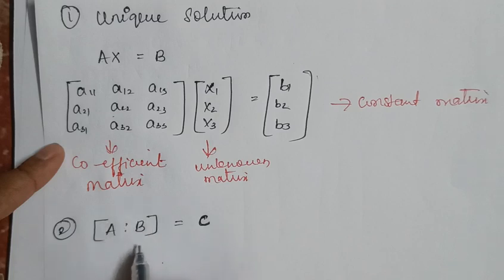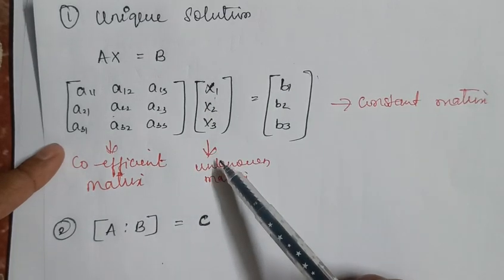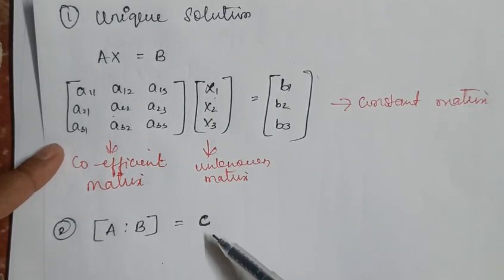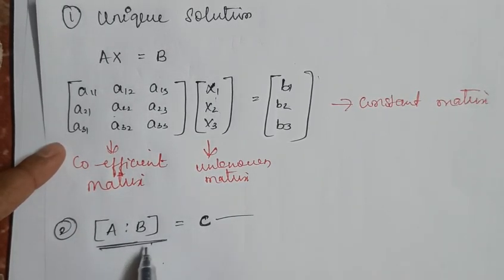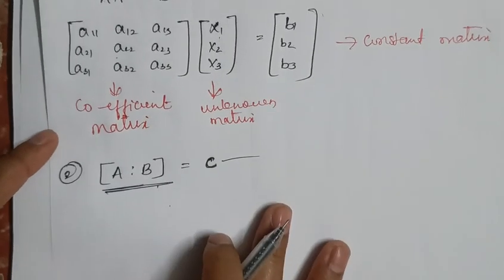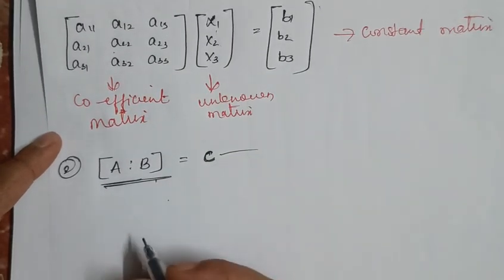After performing some operations on this, we get the values of the unknowns. That is basically C here. So this is the augmented form. Let's forget this for now. I'll just write the augmented form here to explain what is a unique solution, no solution, and infinite solution.